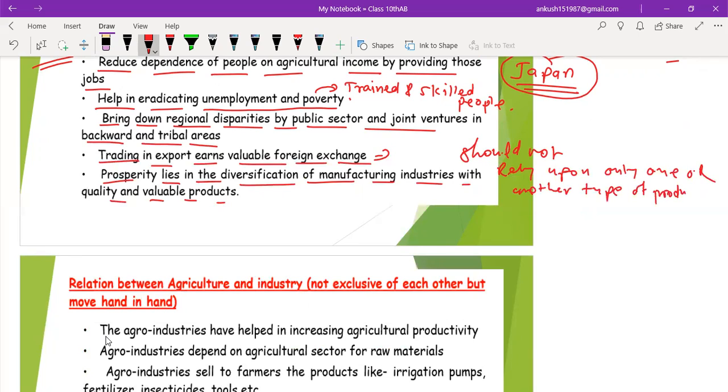We should spread this production throughout the industrial area, so that if any particular manufacturing industry is going under depression, other industries can cope up to maintain the economic development of the country. Understood? Have you got the point, beta?